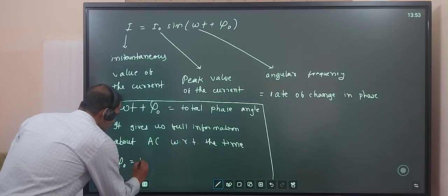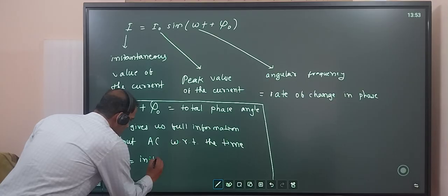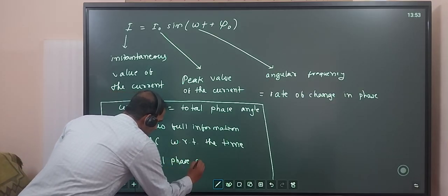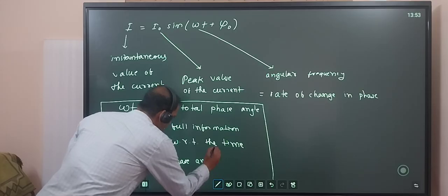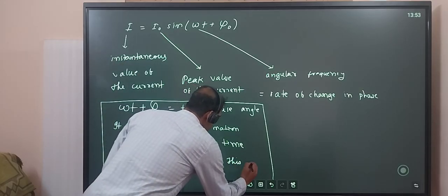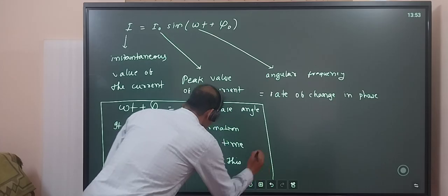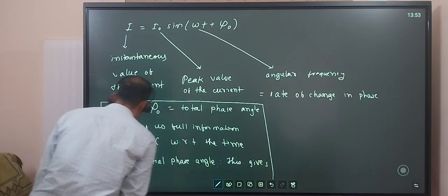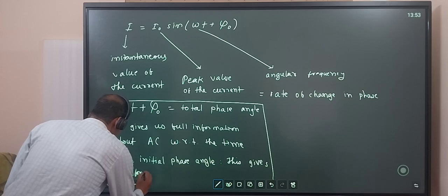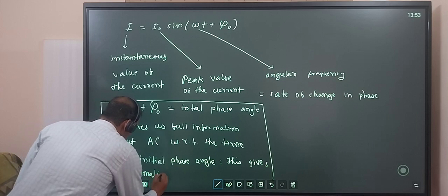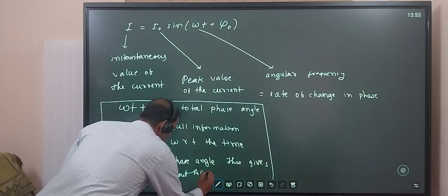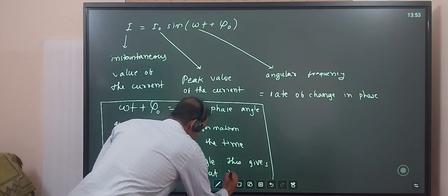And this is the initial phase angle. This gives us information about AC at t is equal to 0.